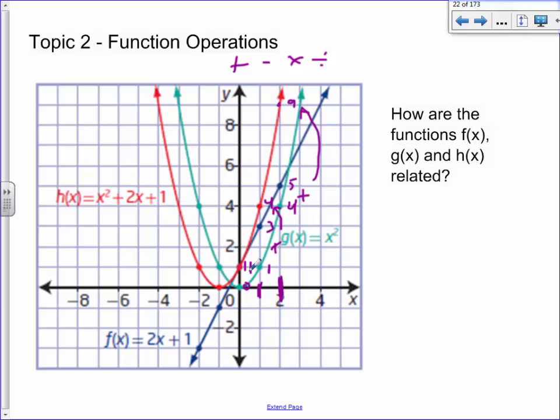So how are these graphs related? The red graph is the sum of the other 2 graphs being added together.